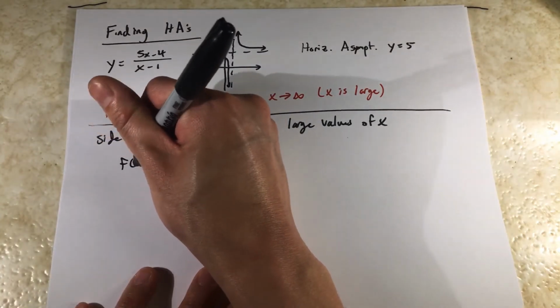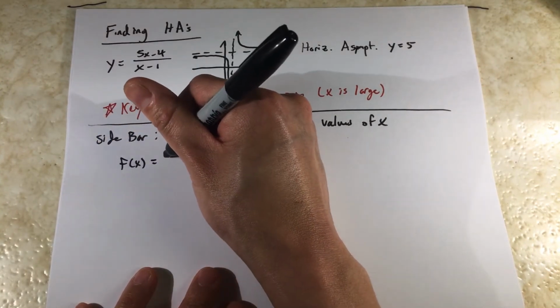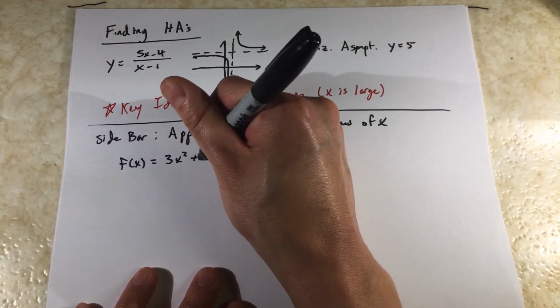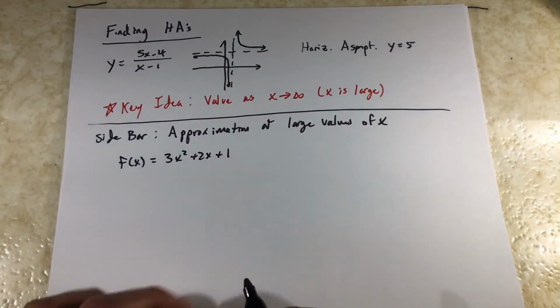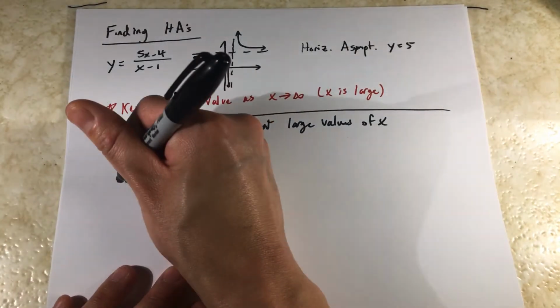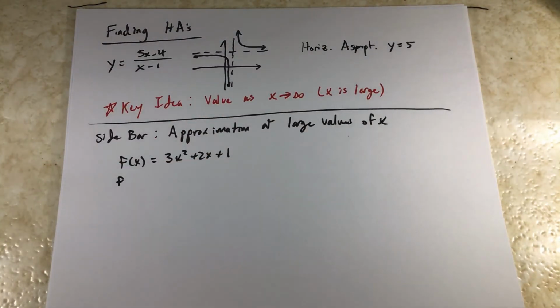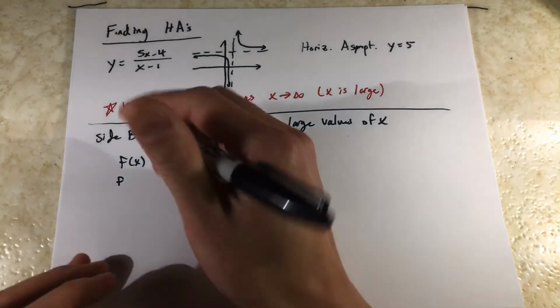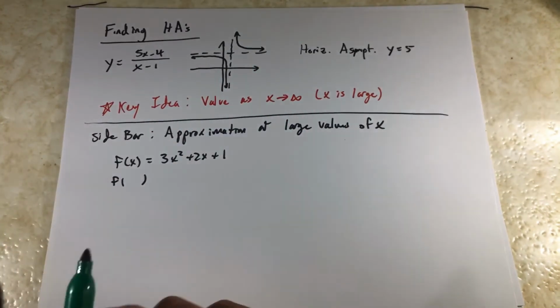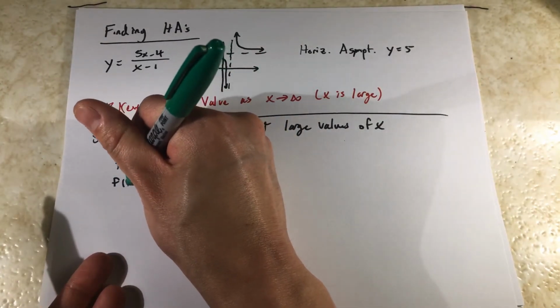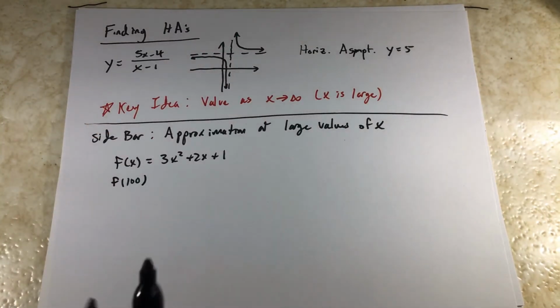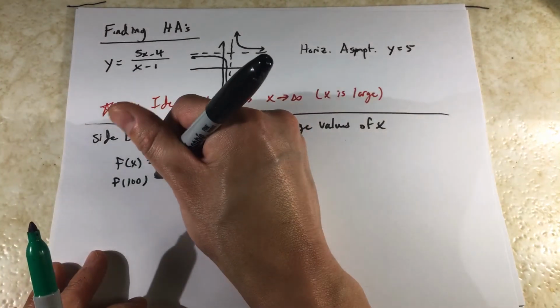I'm going to give you a function. Let's say f of x is equal to 3x squared plus 2x plus 1. And we're going to plug in a value of 100. This number isn't even that big, but it's big enough for our purposes.